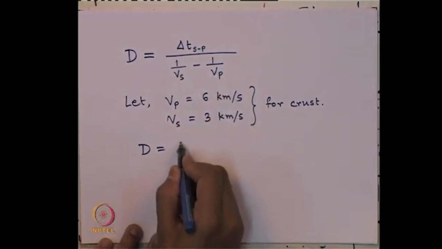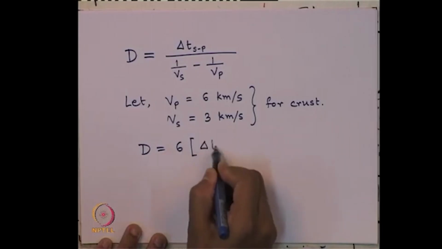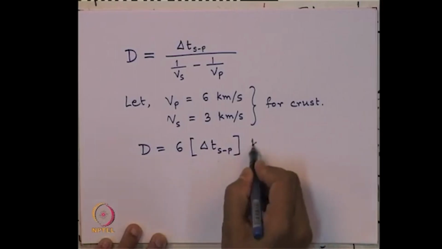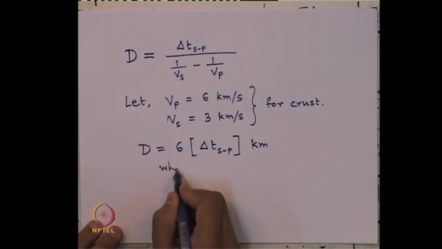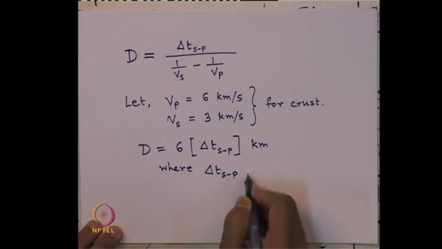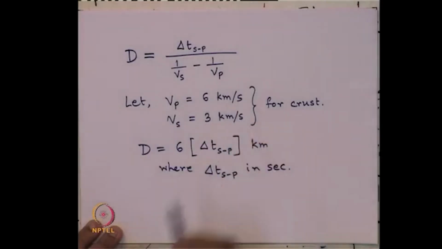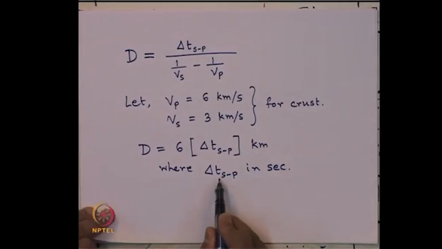D comes out to be 6 times the value of delta T s minus p, so many kilometers, where this delta T s minus p is in the unit of second. Then this is valid, because we have taken this as second. So, we have to estimate this delta T s minus p for the 3 stations.